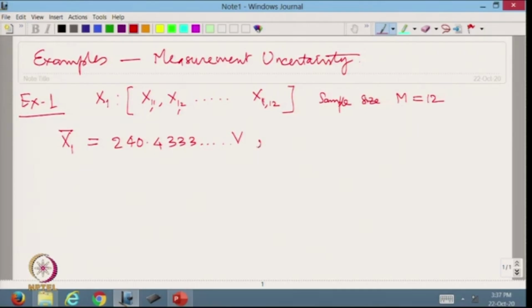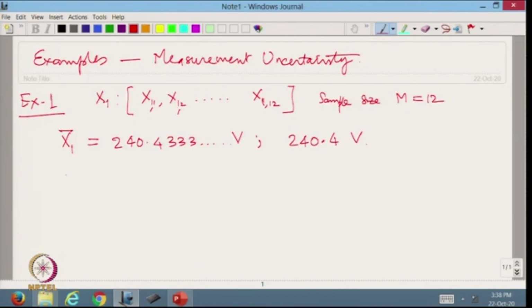So, we do an important thing, we round off and report it to something that makes sense, and since our measurement was only up to 1 decimal place, we will say that the mean value is 240.4 volts. Whether the next digit makes sense or not, it is the standard deviation that will tell us.